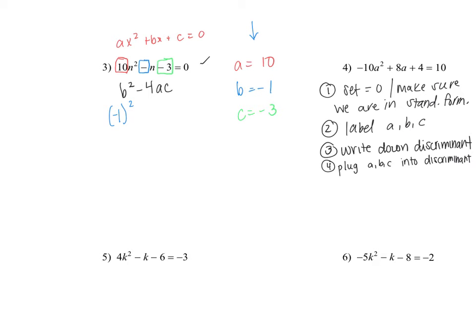So B squared, I'm plugging in the parentheses, I'm putting in a -1, okay? I'm going to keep the -4 in black ink because that's always going to be there. That's part of my discriminant form, okay? Then I'm going to plug in 10 for A, and C is -3, and I'm going to use my colors, okay? So I've plugged in.